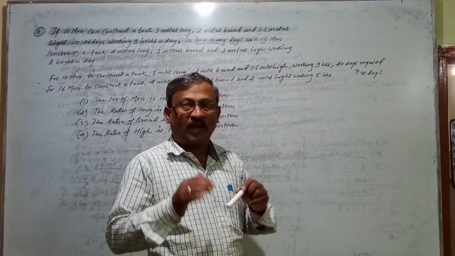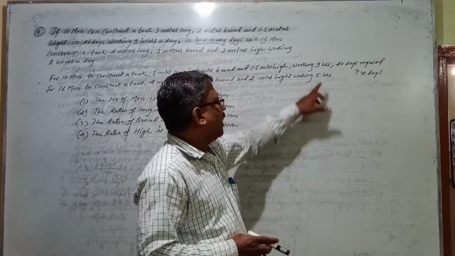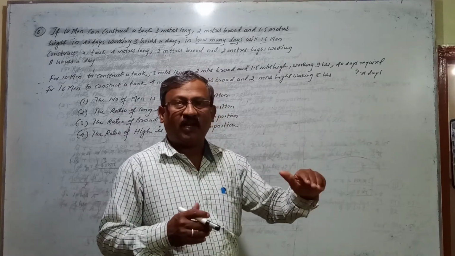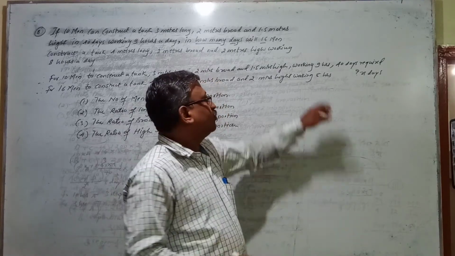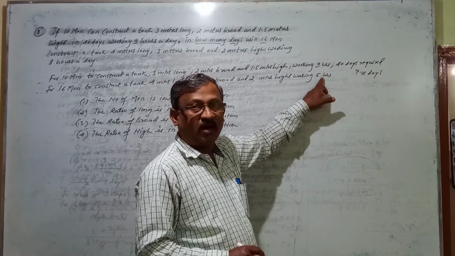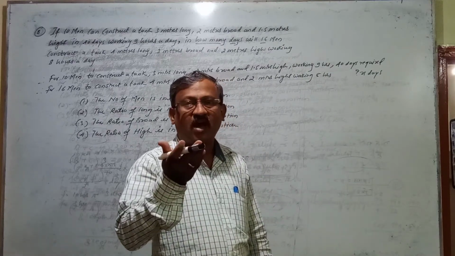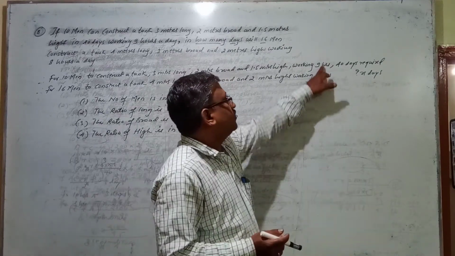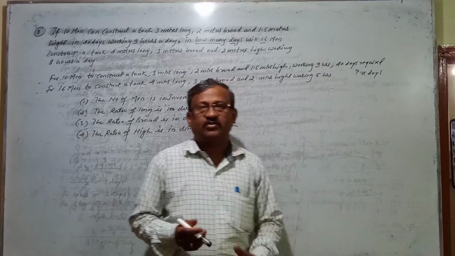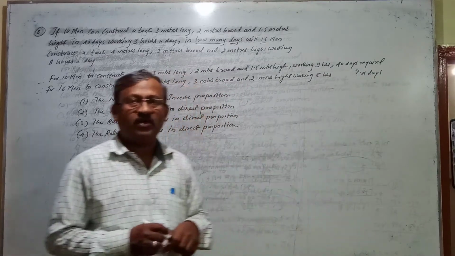If you work fewer hours, it will take more time to construct the tank, and if you work more hours, it will take fewer days. The number of hours has decreased from 9 to 8, and due to the decrease in hours, the number of days required is increasing. So one is decreasing, another is increasing, so it is said to be inverse proportion. Hours are in inverse proportion.